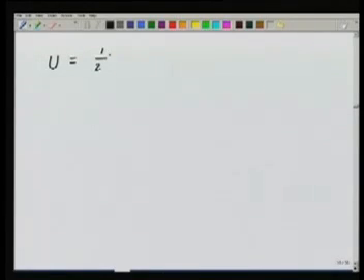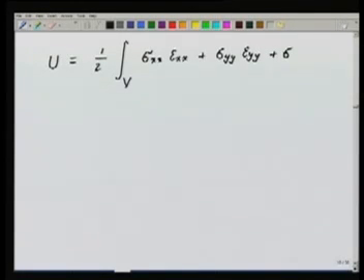So in this case, U becomes half integral over the volume of sigma xx Exx plus sigma yy Eyy plus sigma xy gamma xy dV.